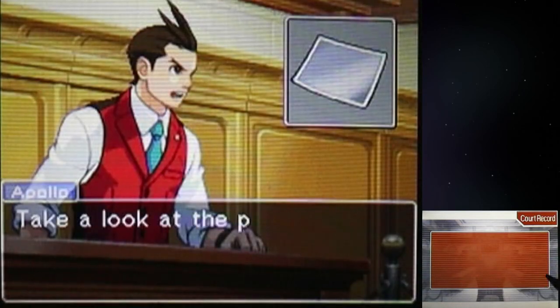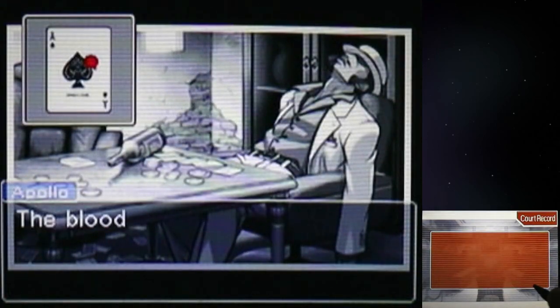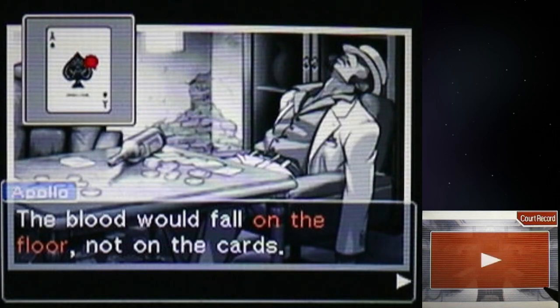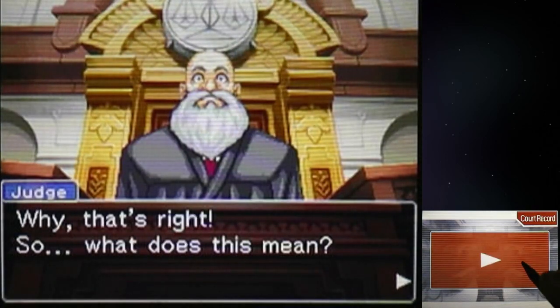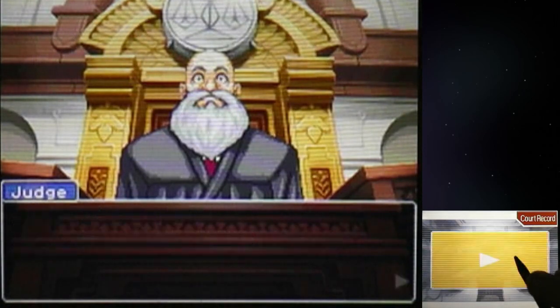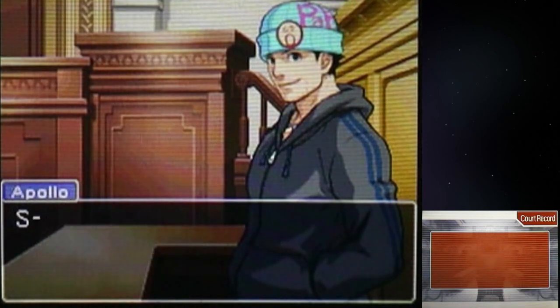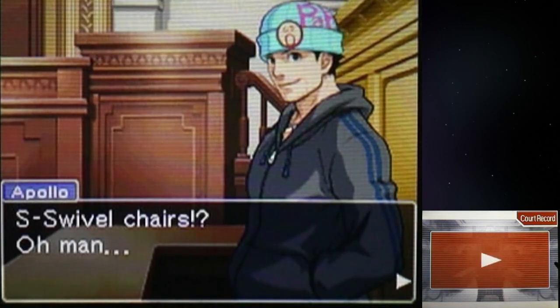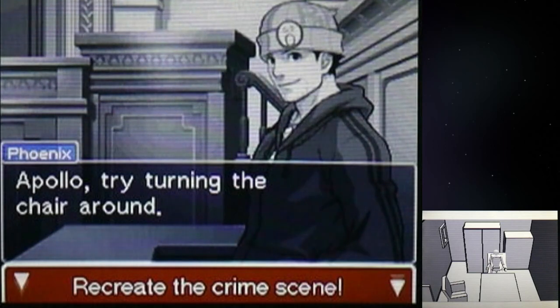Ah. Take a look at the photo again. If he bled in this position, the blood would fall onto the floor, not onto the cards. Why, that's right, so what does that mean? Incidentally, we were sitting in swivel chairs. Swivel chairs? Oh man. Apollo, try turning the chair around.